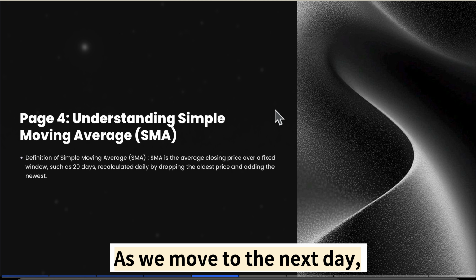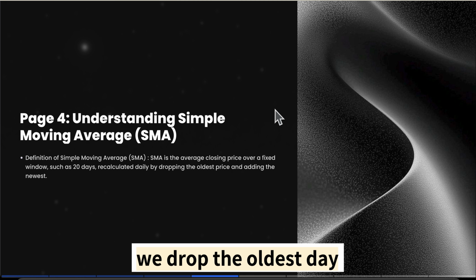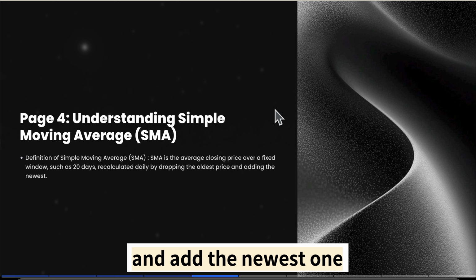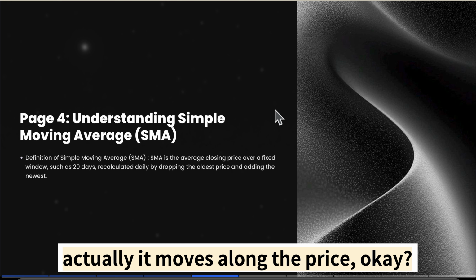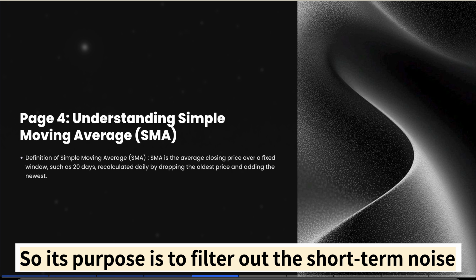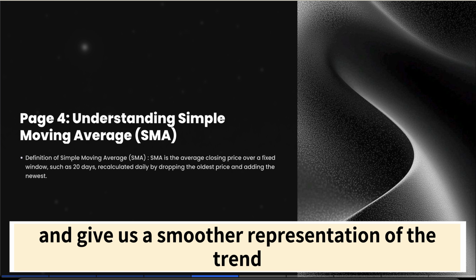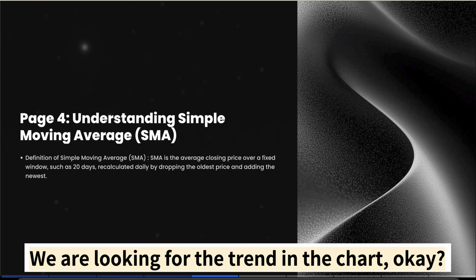As we move to the next day, we drop the oldest day and add the newest one. So the average moves along with the price. Its purpose is to filter out the short-term noise and give us a smoother representation of the trend. We are looking for the trend in the chart.